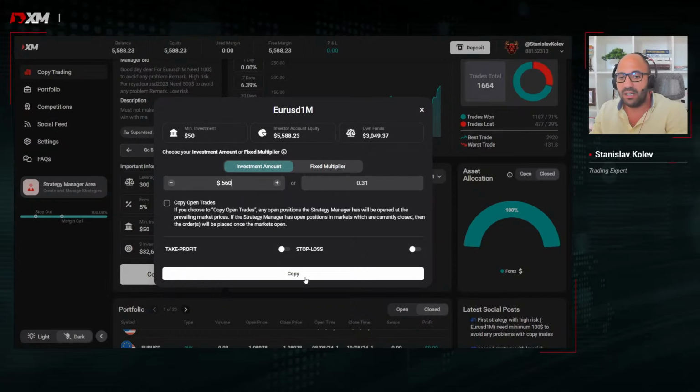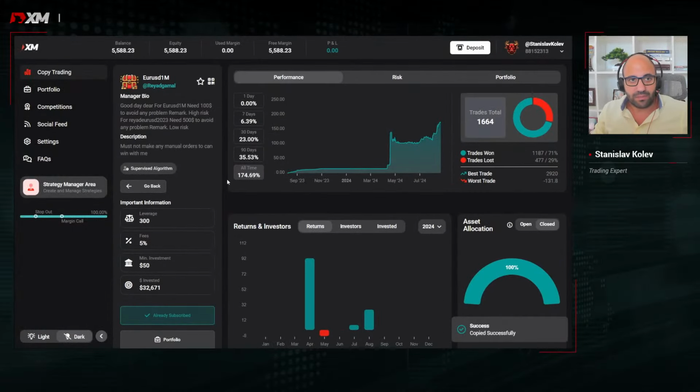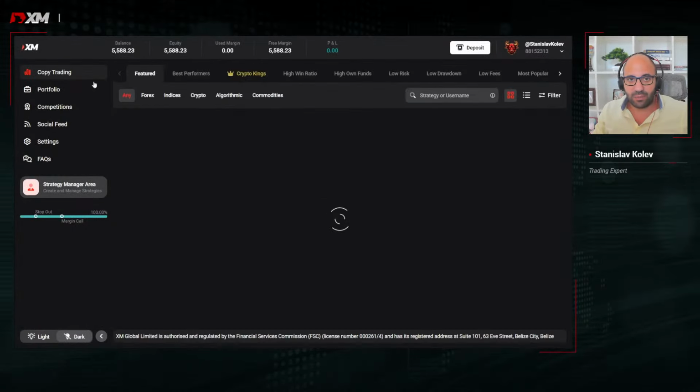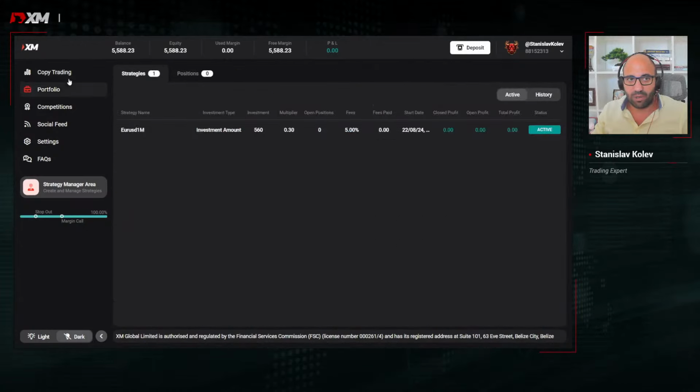So I click here, click copy, and as soon as we get back to copy trading and get to portfolio here, you see that you got EUR/USD 1 minute, investment amount 560, and it is active.